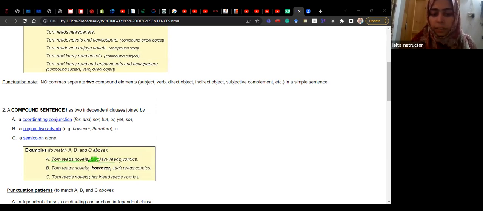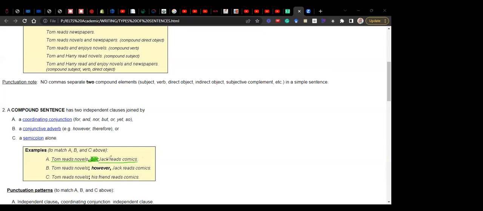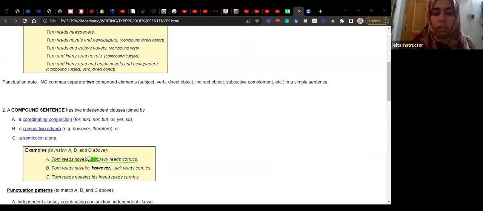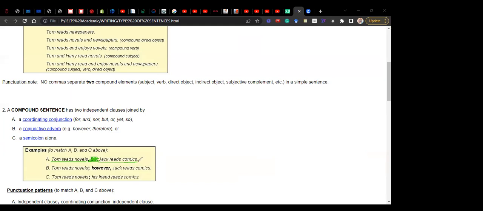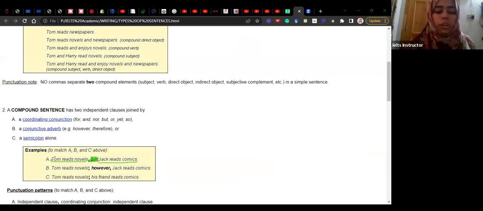They deliver the meaning fully on their own. Tom reads novels, and Jack reads comics. But if we want to combine these two independent clauses, we will use a coordinating conjunction. That is but.